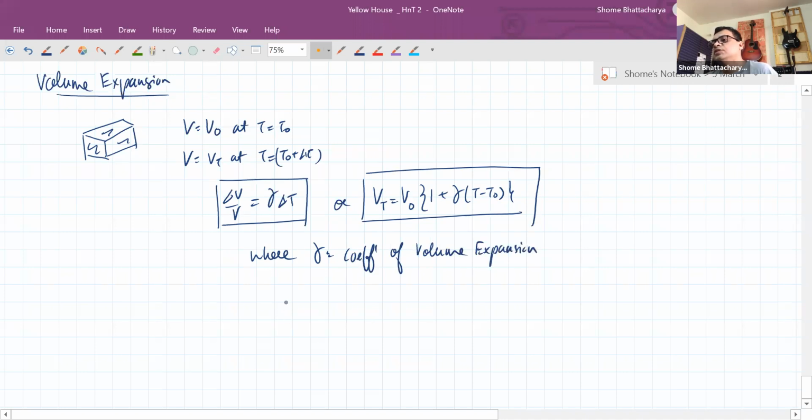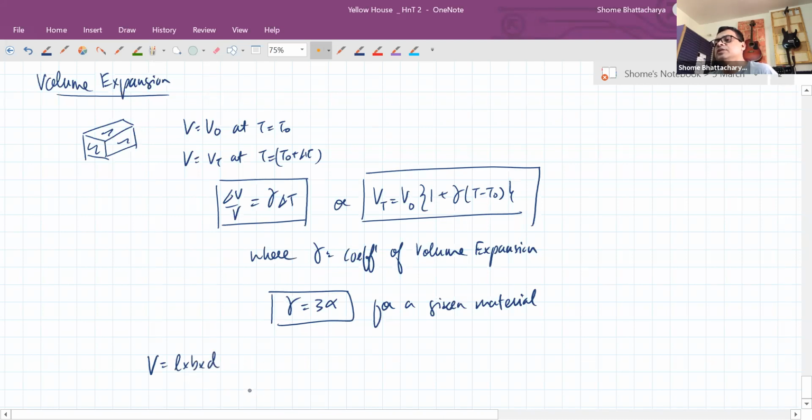So, likewise, the coefficient of volume expansion is 3 times the value of alpha for a given material, because volume is, say, length into width into depth.